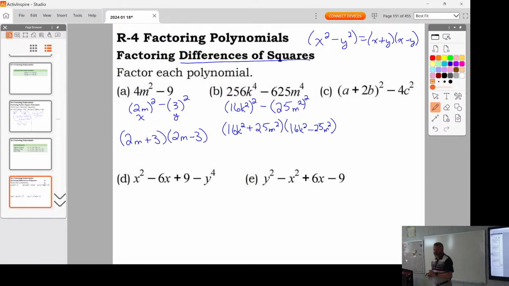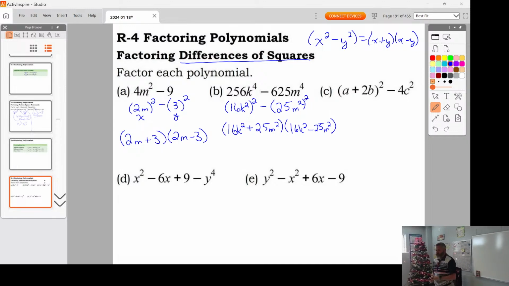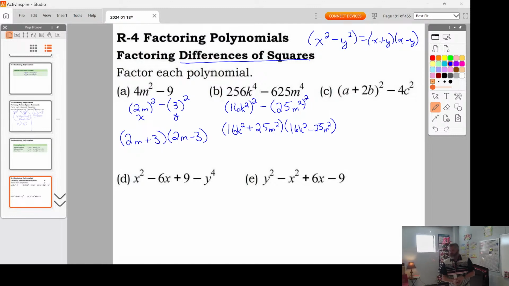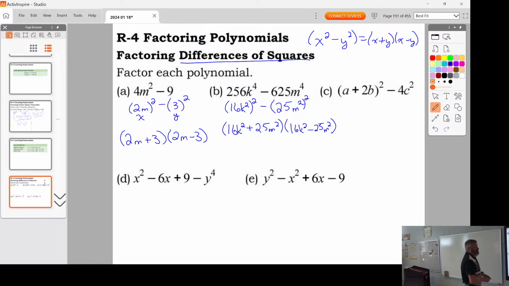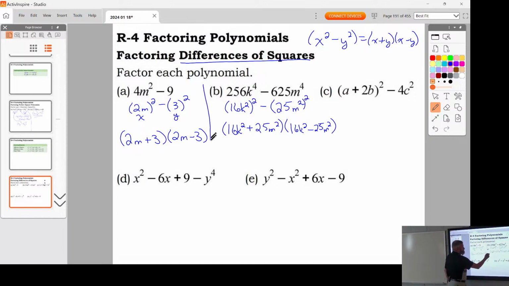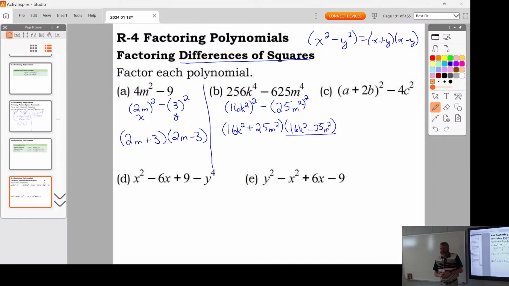Am I done? No. Why not? Yeah, we can go further with the second part, which is why I always write the plus first. Because a sum of squares doesn't factor. So I'm just going to bring it down.